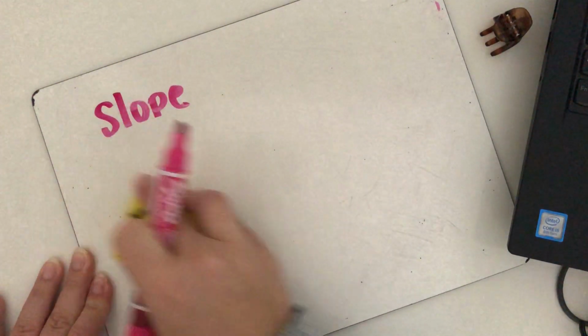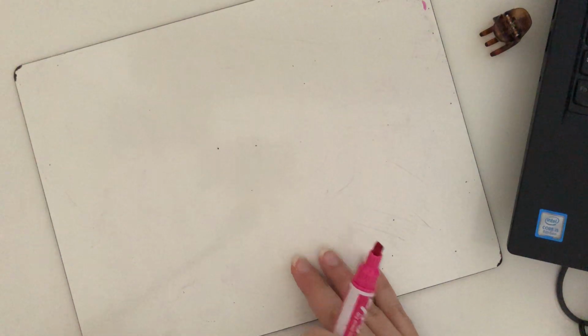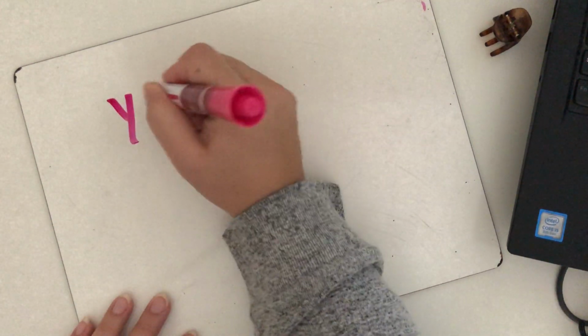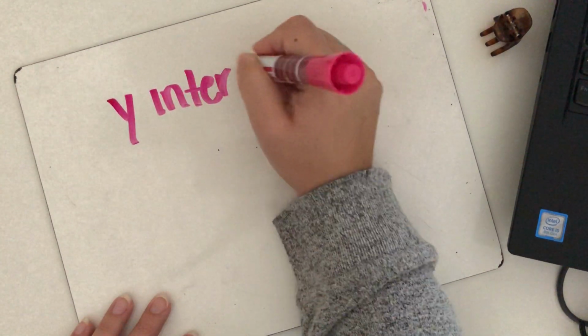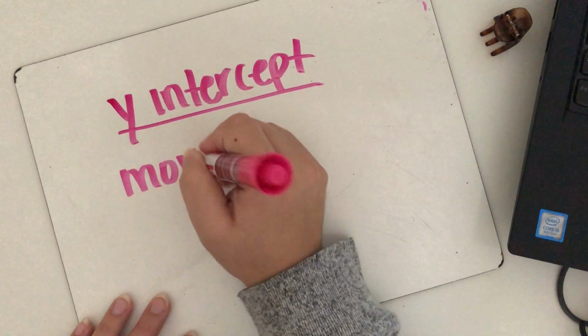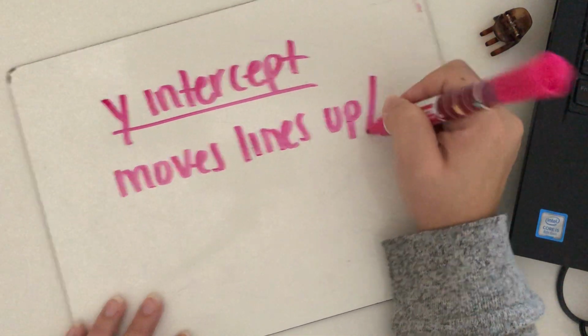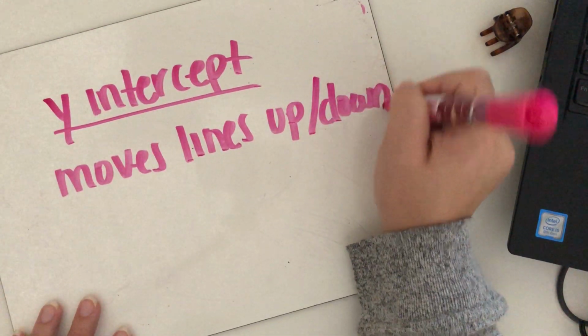So the next part deals with your y-intercept. Your y-intercept is what moves your line up and down, okay? So y-intercept moves lines up or down, okay?